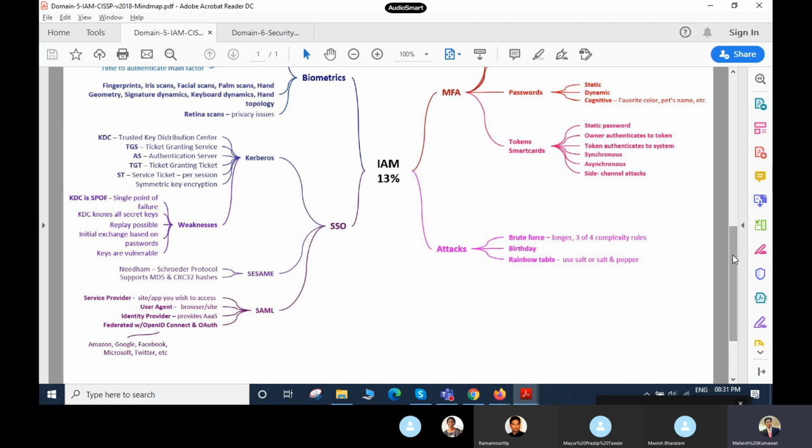I access the Facebook ID as well, once I log into the LinkedIn account. So different domains, different service providers, and I use the same credentials. So the federation ID and other service providers, user agent, identity and service providers, this you need to understand.